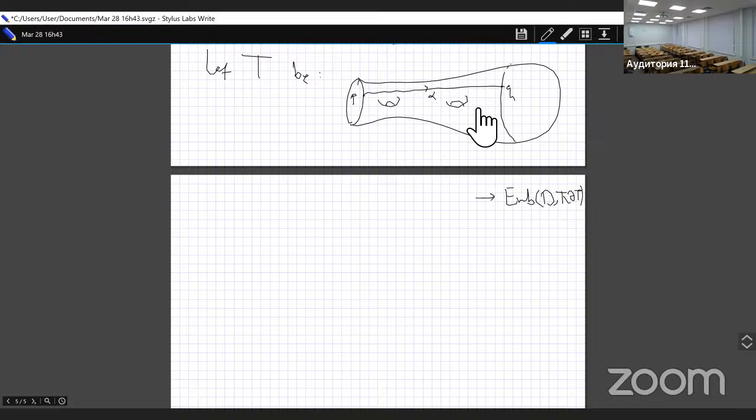This is the embedding. This one, the base, is just the embedding, there are no more restrictions.